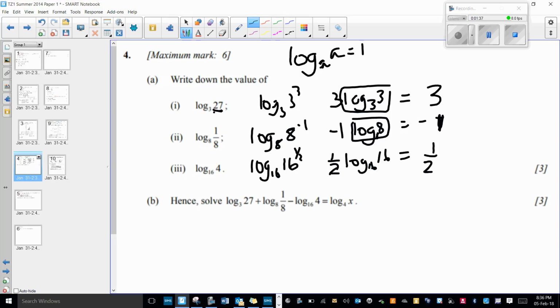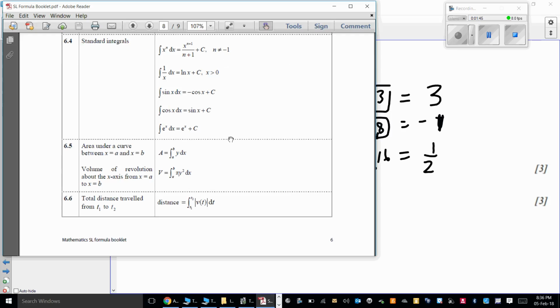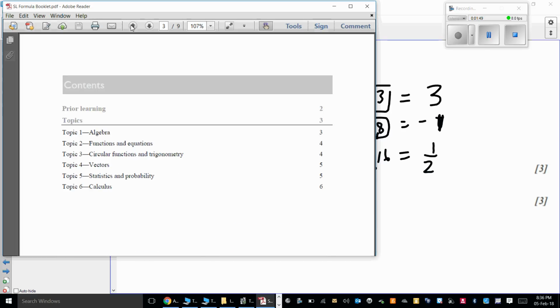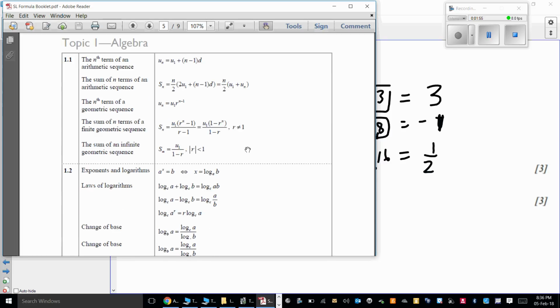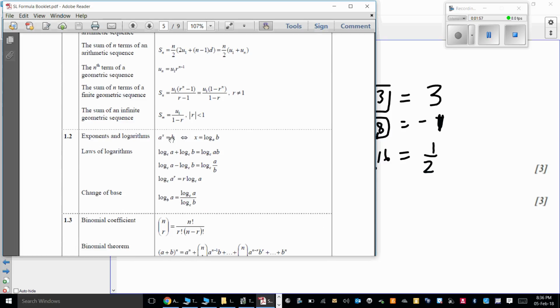There are slightly different ways of doing that, and we can look at the rearrangement of logs. Here we can compare these statements. So we could say a to the power x equals b.